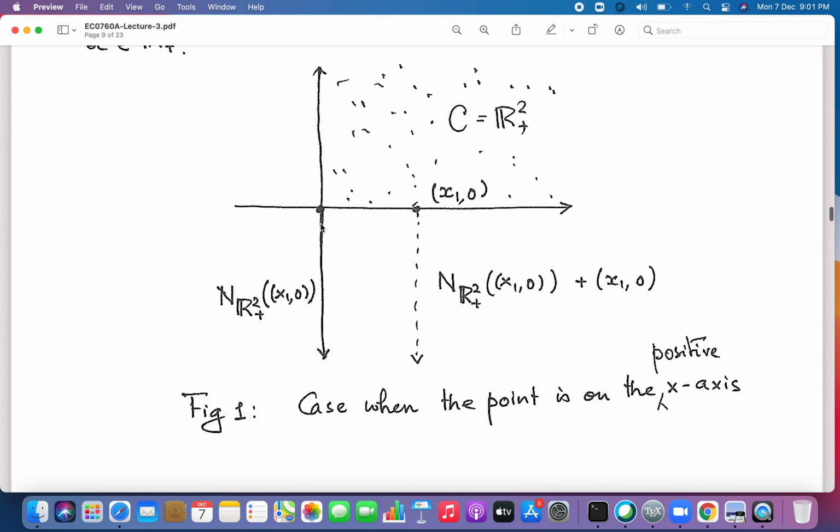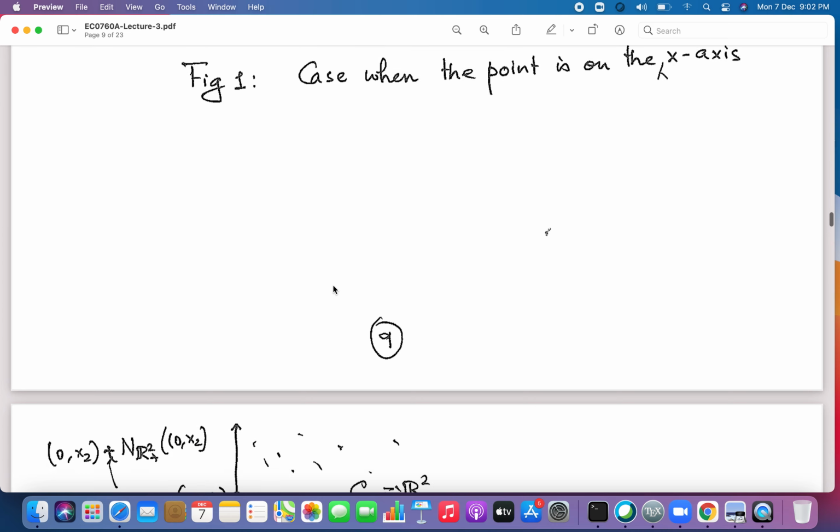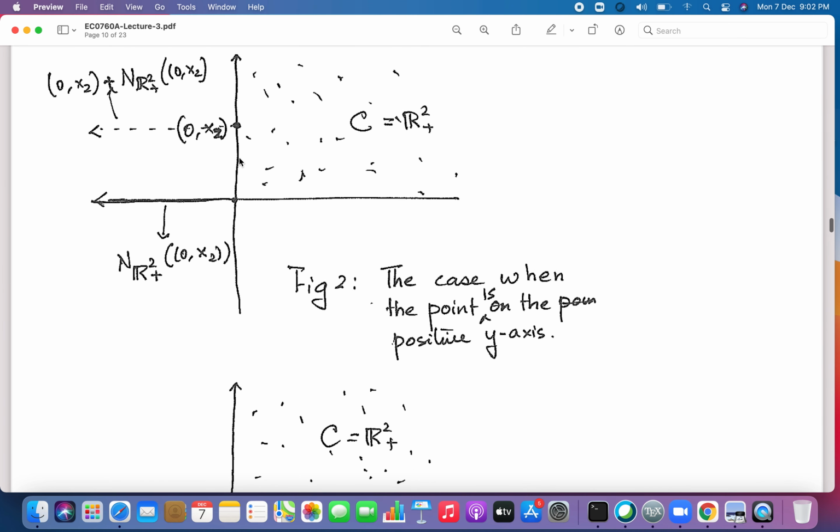Please understand. This part is not non-negative. For example, here for x1 0, this part is the non-positive x-axis, or non-positive y-axis, or negative y-axis, you want to call.